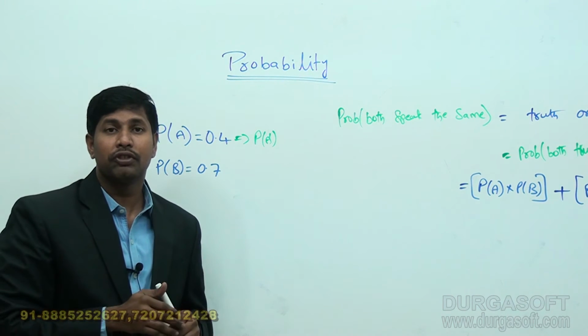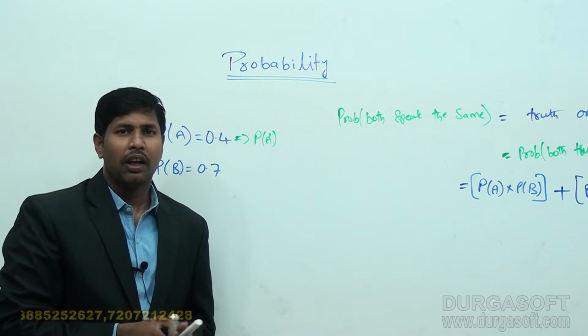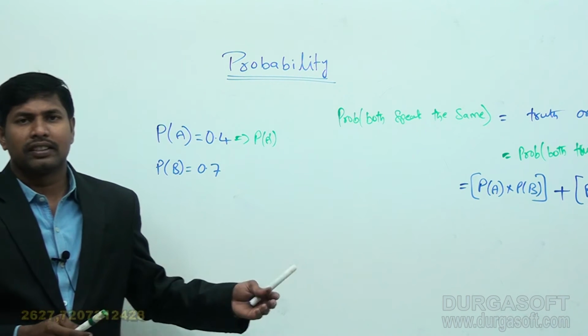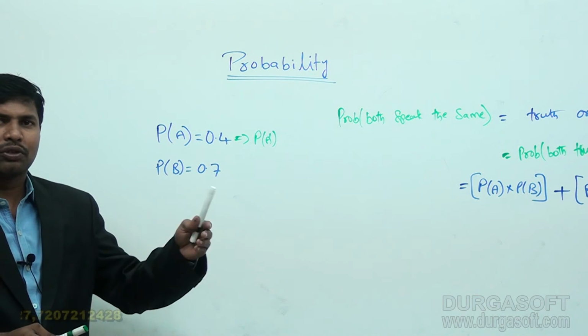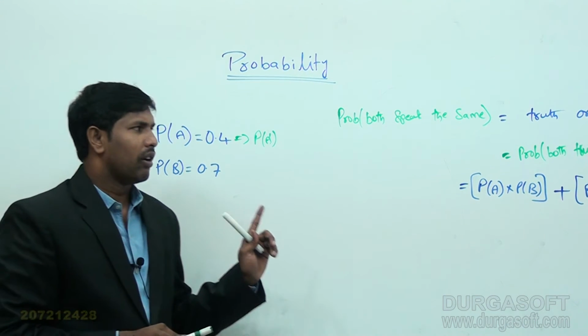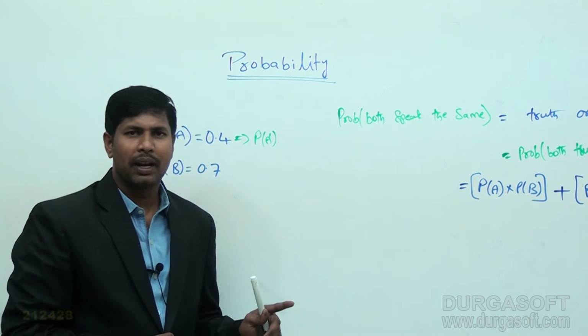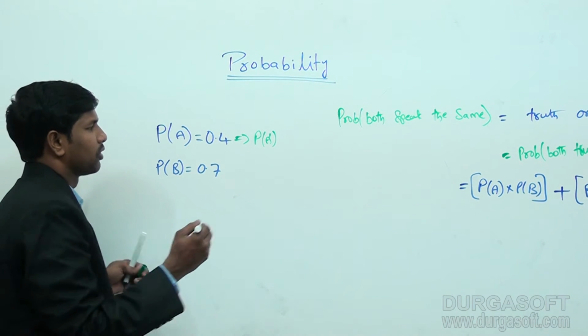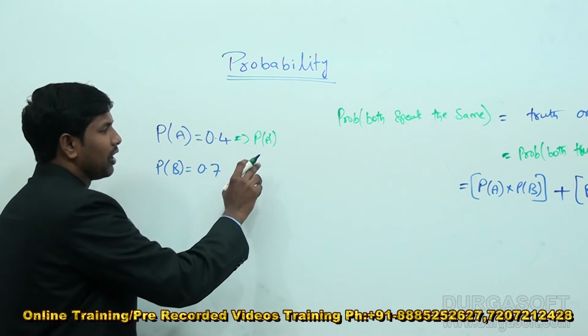These two are mutually exclusive events, because when a person is speaking truth he cannot speak false at the same time. Whether it is true or false, only one value at a time. So that's why these two are mutually exclusive.